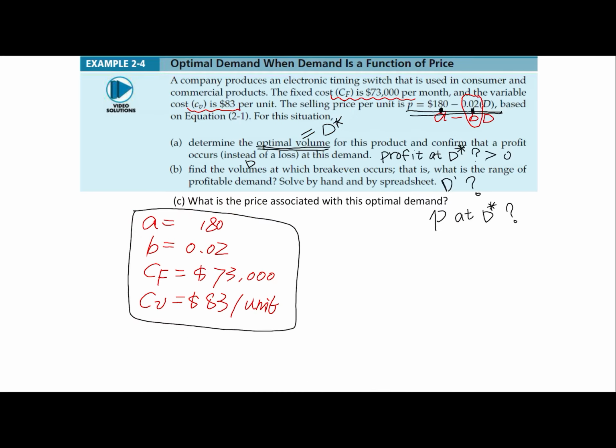So try to practice this example. For a given relationship between P and D and given costs, CF and CV, can you calculate the optimal demand? And can you calculate the maximum profit at that optimal demand? Okay, and can you tell what the profitable range is?